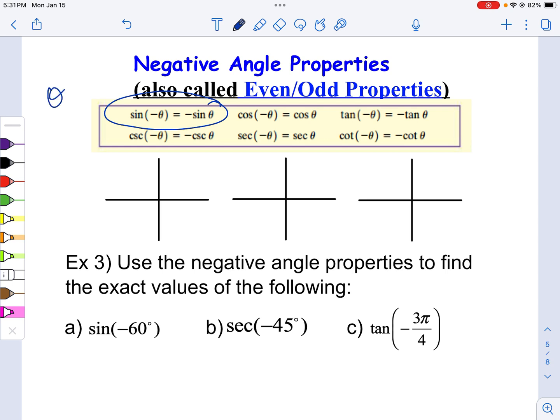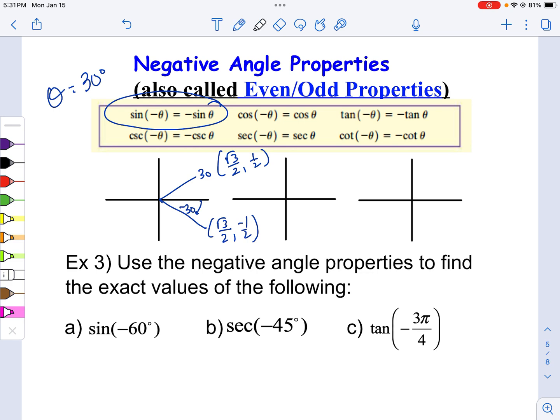All right, so let's say theta is 30 degrees. If I rotate to 30 degrees, I know my ordered pair is root 3 over 2, comma a half. And if I rotate down to negative 30 degrees, I know that ordered pair is still root 3 over 2, but the y value this time has to be negative.